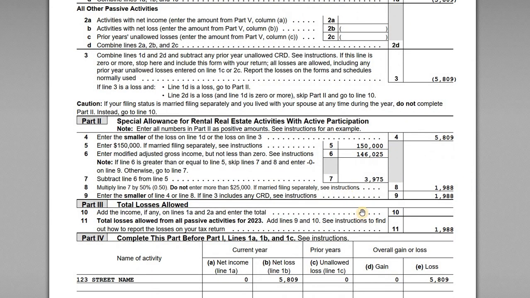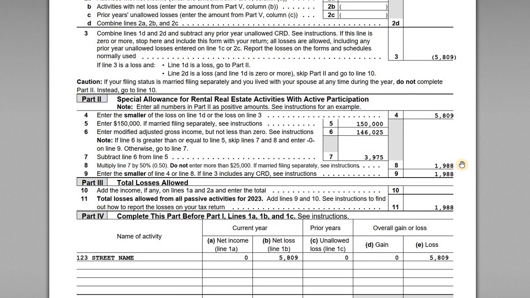So now on line 7, we subtract line 6 from line 5. We're left with $39.75. And then on line 8, we take half of that, so $39.75 times 50%, and we're left with $1,988. This is the limitation. So for the current period, because John's AGI was close to that 150 limit, he's eligible for this special allowance, but he's not going to be able to deduct all of it.